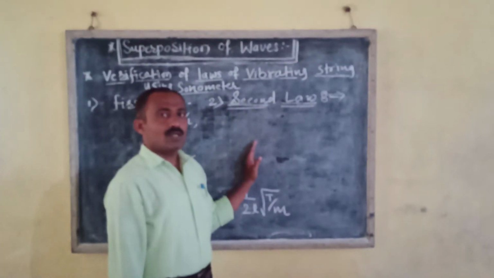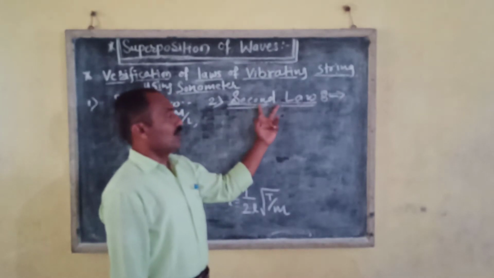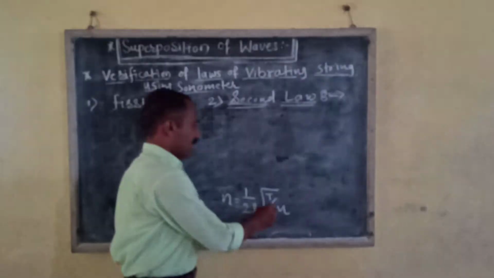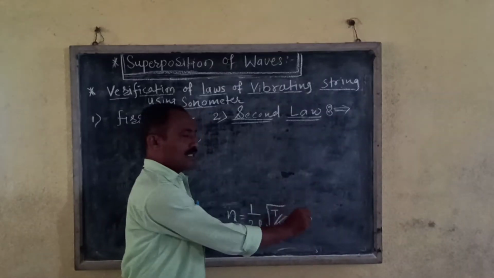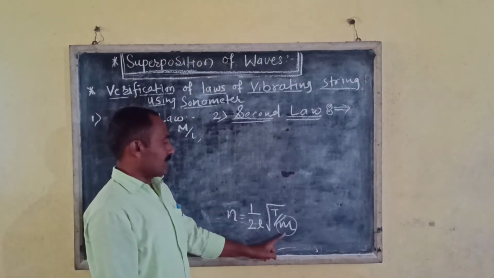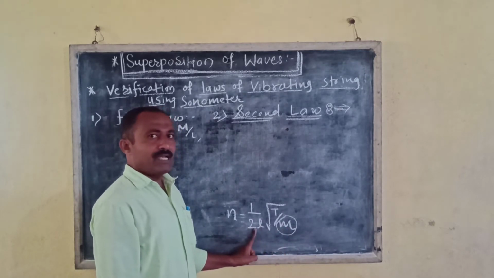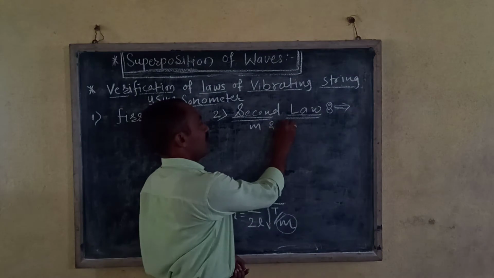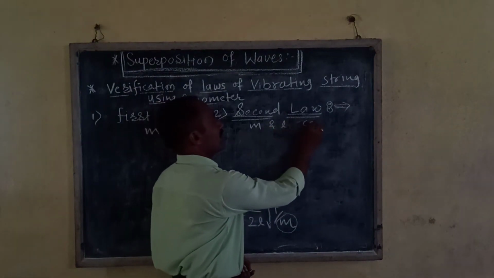Now in order to verify the second law of vibrating string, we keep the mass per unit length, that is the linear density of the wire, constant, and the vibrating length L constant, that is M and L are kept constant.